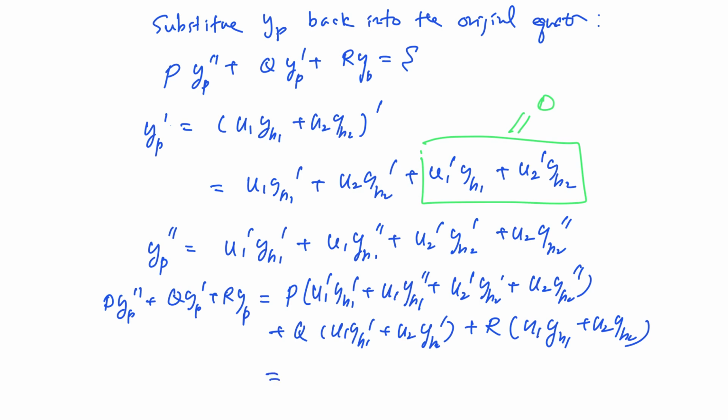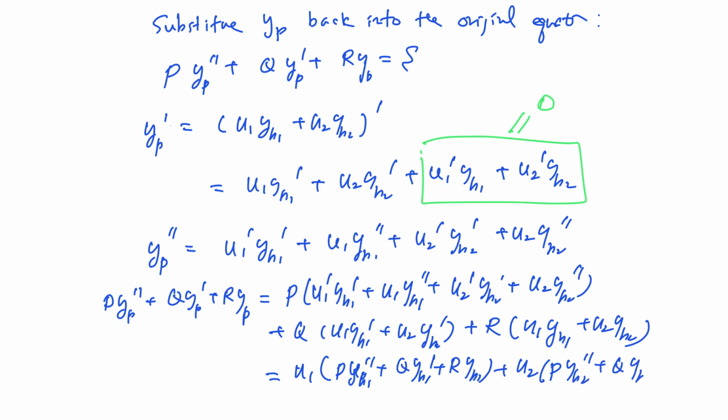We can group this as u1 times (P yh1 double prime plus Q yh1 prime plus R yh1), plus u2 times (P yh2 double prime plus Q yh2 prime plus R yh2), plus P times (u1 prime yh1 prime plus u2 prime yh2 prime).